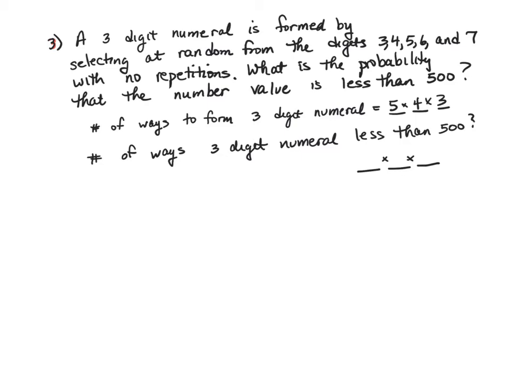We can't pick 5 because the digit after that would make it more than 500. So there are 2 ways to pick the first number, a 3 or a 4. Once that is chosen, it really doesn't matter what comes after it. So then we have 4 for the second and 3 for the third.